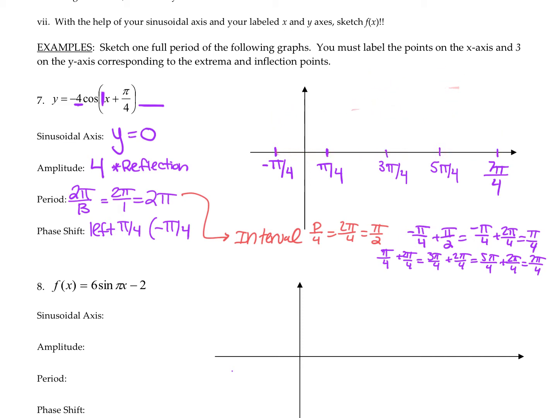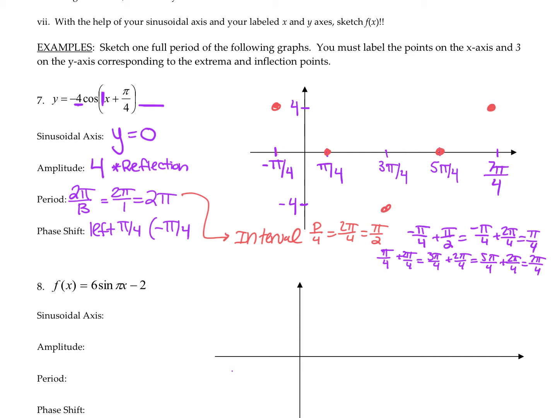All right, so to label my y-axis, I'm going to start with my sinusoidal axis, which is at y equals 0, and then my amplitude is 4. So I'm going to go up 4 and down 4 from my sinusoidal axis. Now with cosine, if it was not reflected, it would start at the maximum, go to the middle, go to the minimum, go to the middle, go back to the maximum.